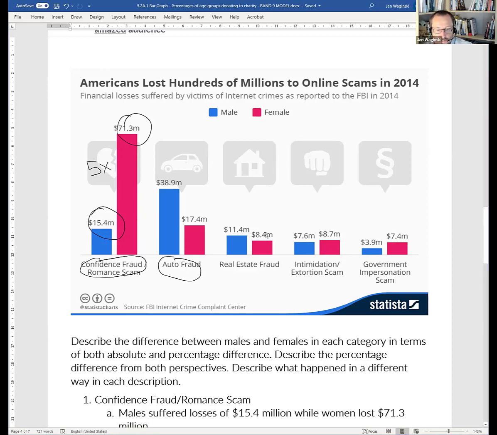We're not going to follow the usual rules of rounding at school. We're going to call this one 8 million, and we're going to call this one 12. What's the ratio of 8 to 12? 3 to 4. So women lost 3/4 as much to real estate fraud as men. Or more precisely, women lost approximately 3/4 as much to real estate fraud as men.